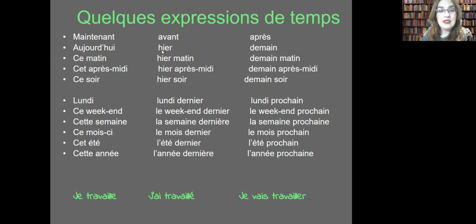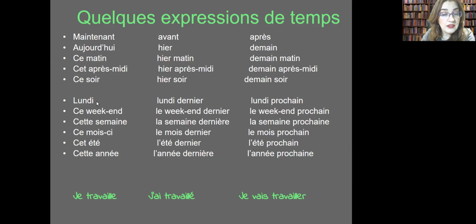Avant, before, hier, yesterday, hier matin, yesterday morning, hier après-midi, yesterday afternoon, hier soir, yesterday evening, and then après means after. Demain, tomorrow, demain matin, tomorrow morning, demain après-midi, demain soir, and so forth.